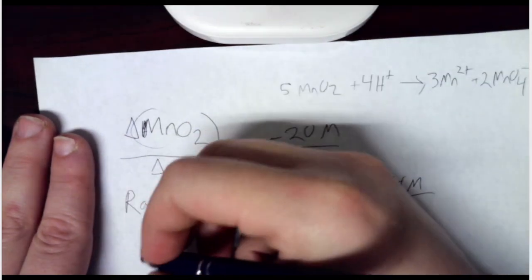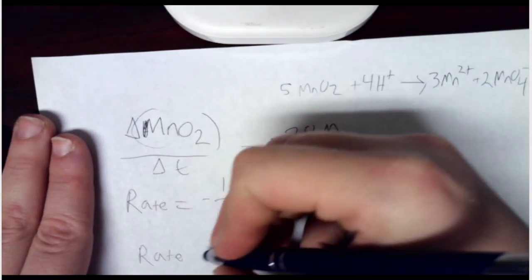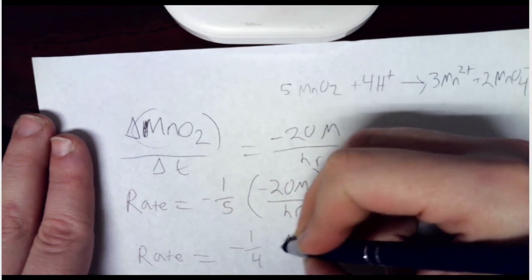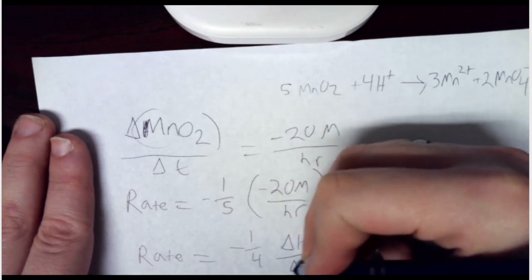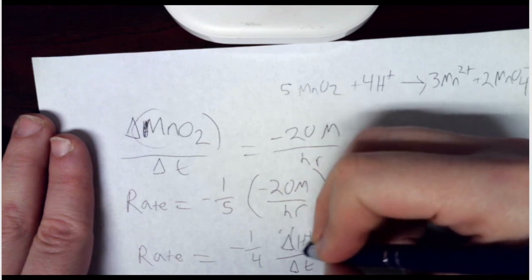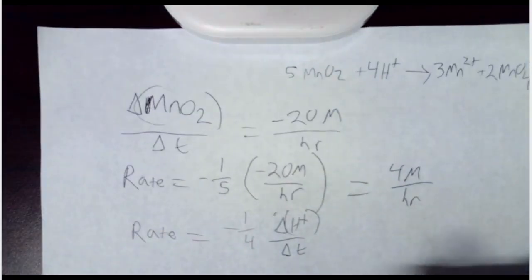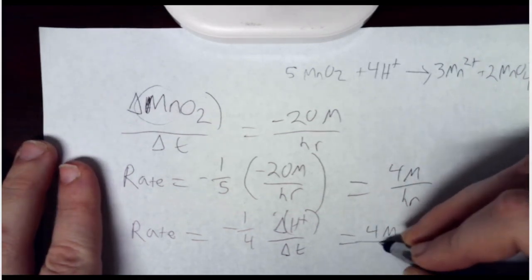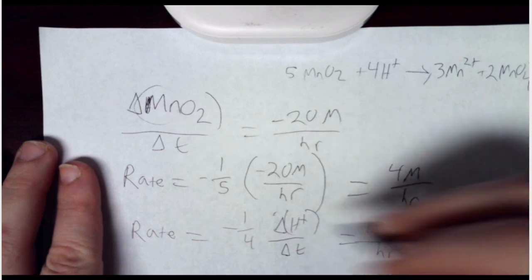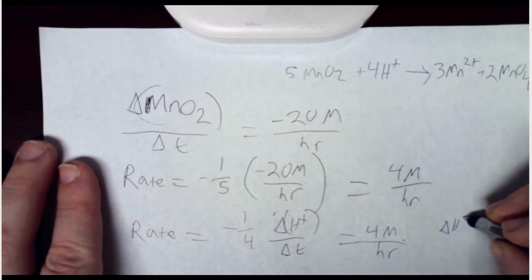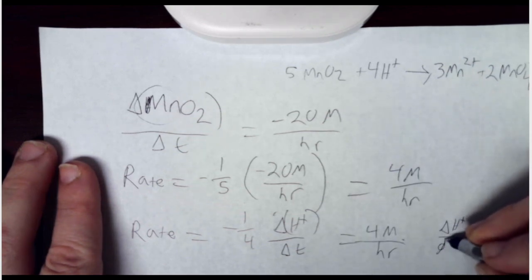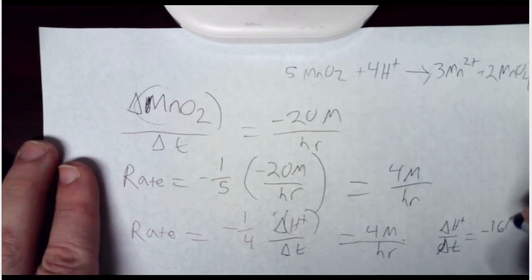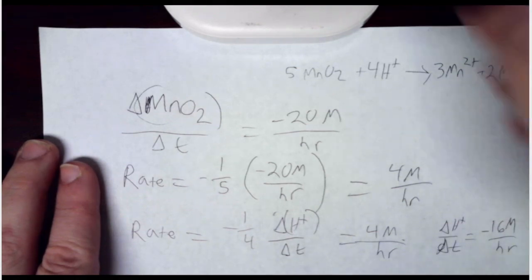Well, this rate is also equal to negative 1/4 delta H plus over delta T. So if we know this is equal to 4 M per hour, we know that the rate of H plus consumption is equal to negative 16 molar per hour.